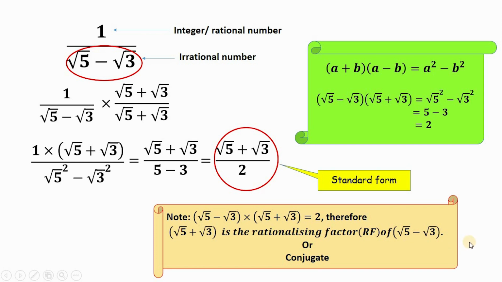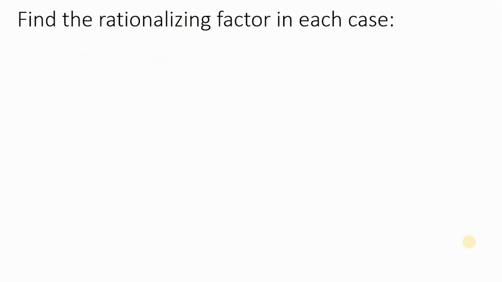Now we'll move on to do some example questions. Here we have: find the rationalizing factor in each case. Till now we have defined the rationalization of the denominator, and we have also discussed why we need to rationalize the denominator, and we have come across a new term that is called the rationalizing factor or conjugate.